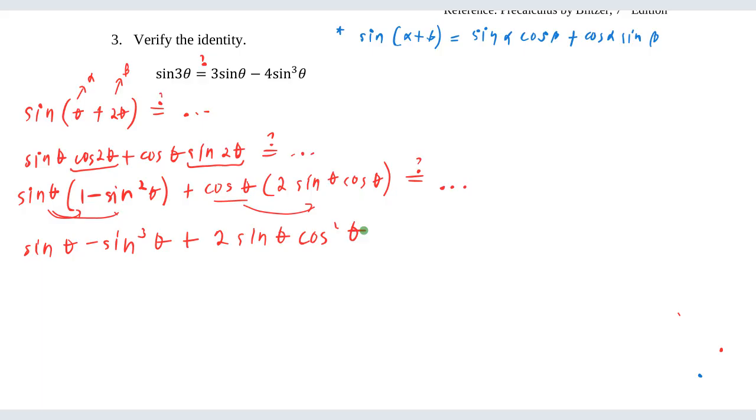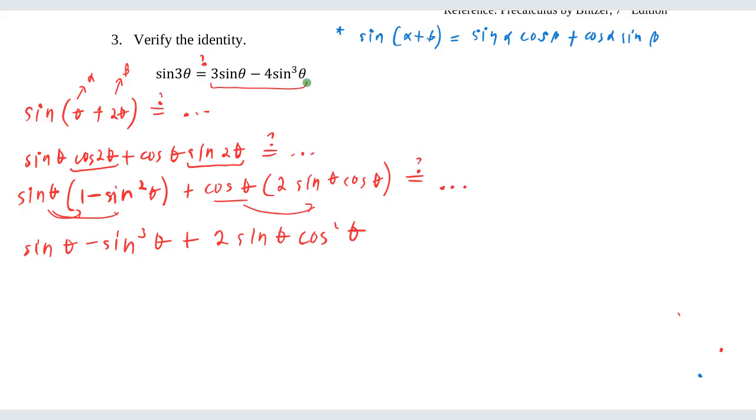We have sine theta minus 2 sine cube theta plus 2 sine theta cosine squared theta. Oh, okay, no. Since my goal here is just to have sine theta, I'm sorry, I changed my mind.